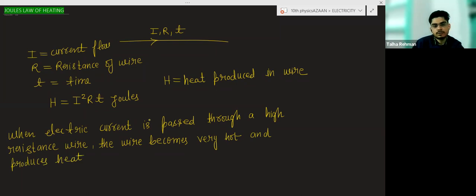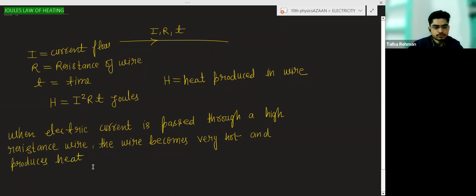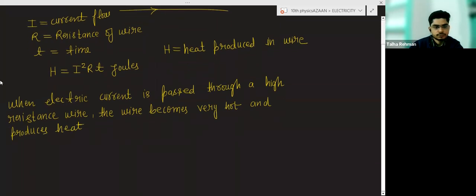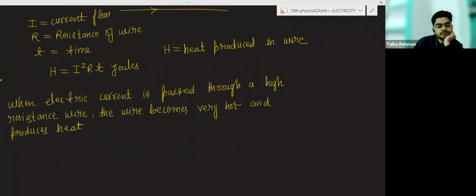This is known as the heating effect of current.